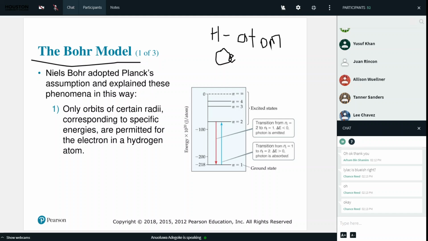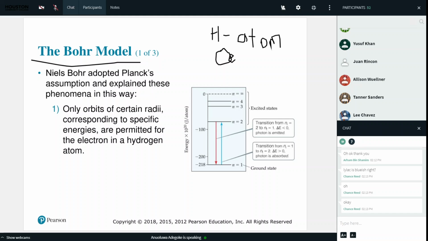Keep in mind, Niels Bohr's description has a lot of limitations. That is why the final theory that is widely accepted is the one by Erwin Schrödinger, the father of quantum mechanics. We're going to look at the quantum mechanical description of the electronic structure of atoms.